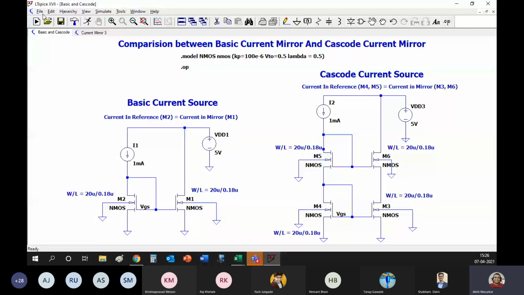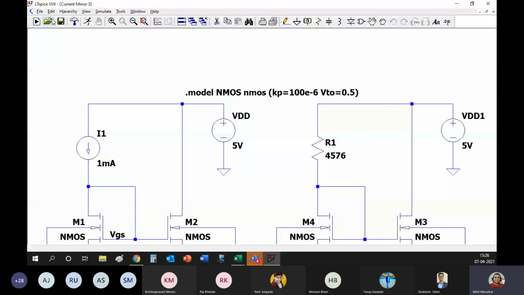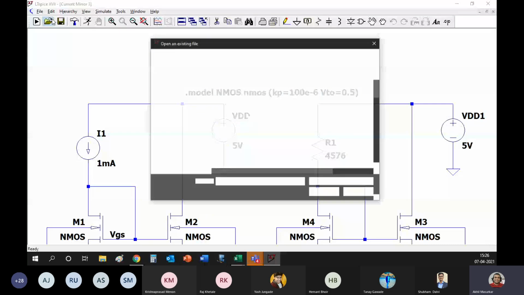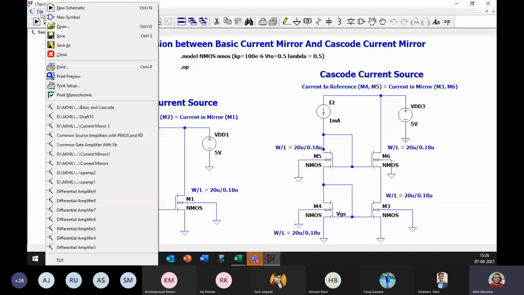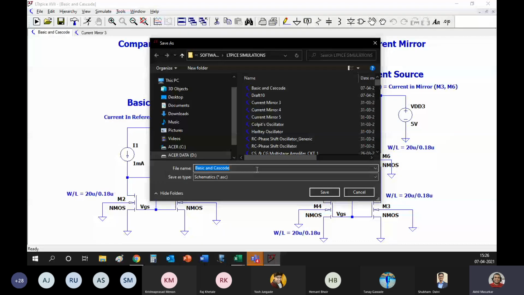So now we will save this. Open this once again, and I'll save as basic_cascode_1.